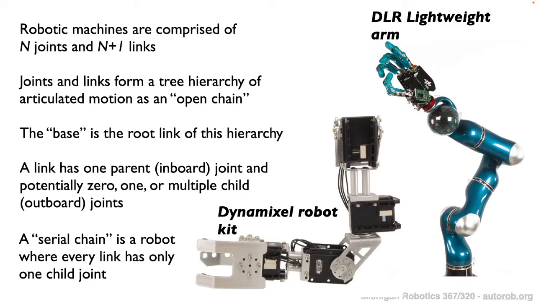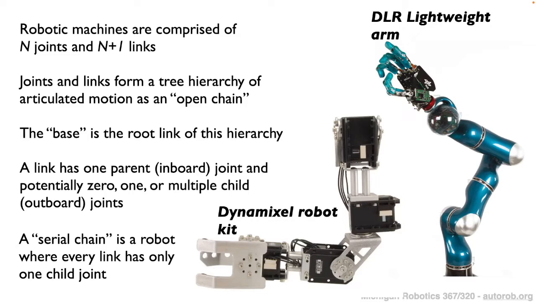For our purposes in this class, we're going to be considering joints and links that form a tree hierarchy to describe the robotic structure. The tree-based robotic structures that we'll be considering for this course won't contain cycles within their kinematic structure, so they'll always be what we call open chains. Within this tree structure, we'll call the root of the tree, which will be a link, the base link for the hierarchy.